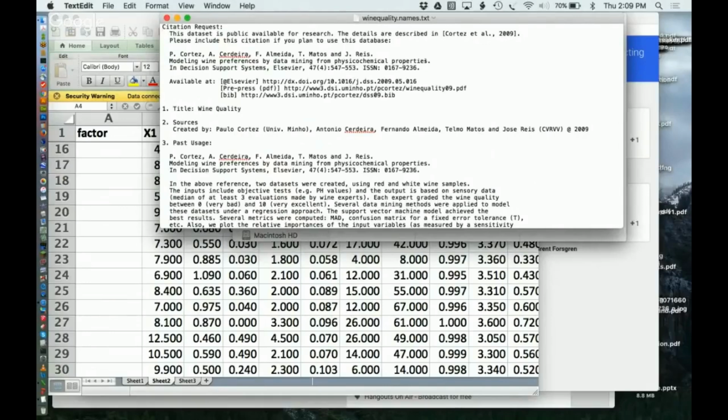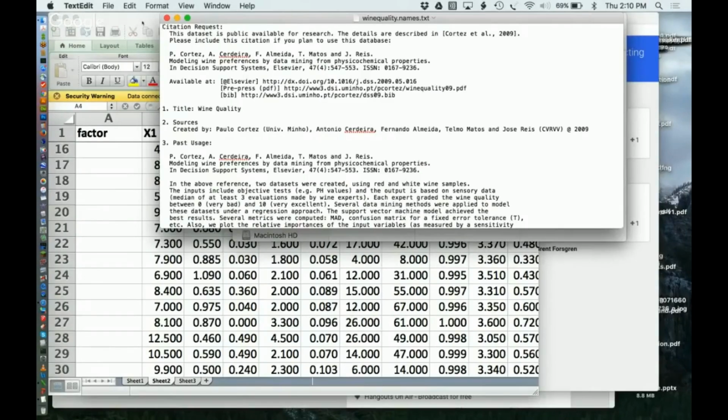The data set is created by Cordeiro. Anyways, they're Portuguese people. And it turns out that they did the tests on port wine. So that's the reason for the connection. Probably, I'm guessing, like on a grant from the Port Wine Federation of Portugal or something. Anyways, thank you for your data.